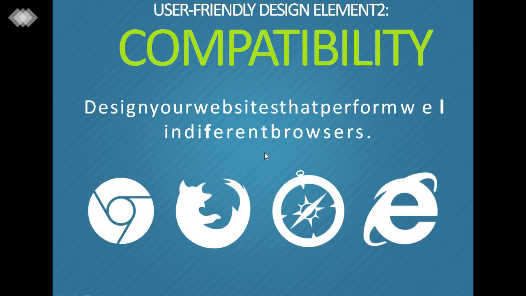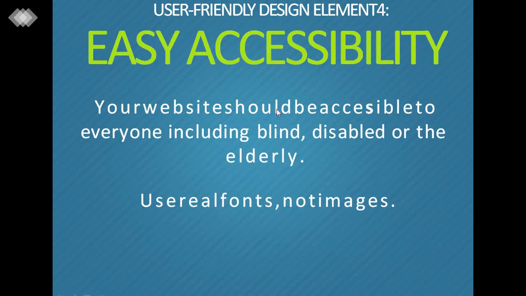Next is compatibility. Design your website so that it performs well in different browsers. So while designing your website, it should be compatible, meaning different browsers should work with your website. Next, easy accessibility.